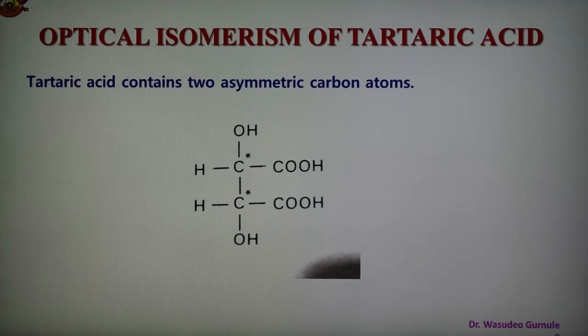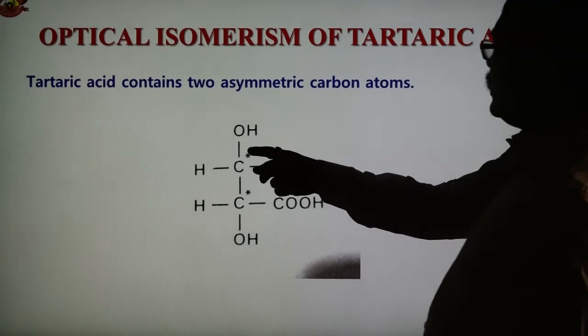Now there is some isomerism of tartaric acid. What are the different isomers of tartaric acid? The chemical name of tartaric acid is 2,3-dihydroxybutanedioic acid, which contains 2 asymmetric carbon atoms, shown in the structure by the star.